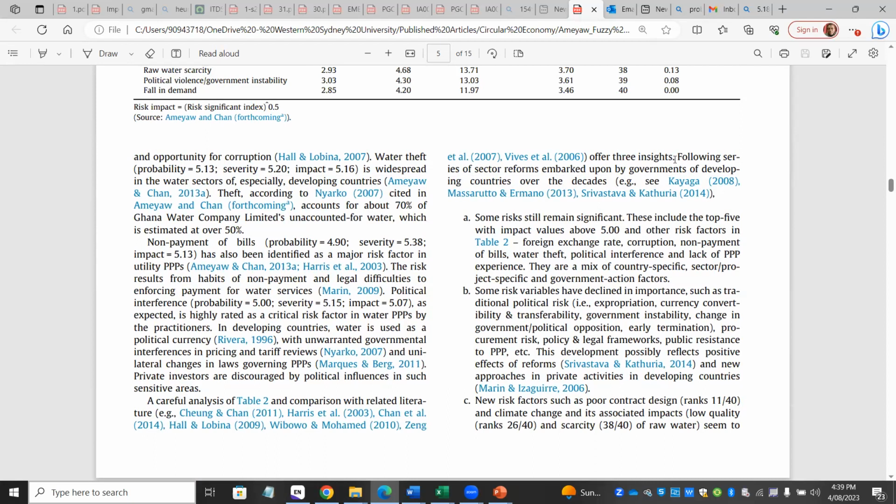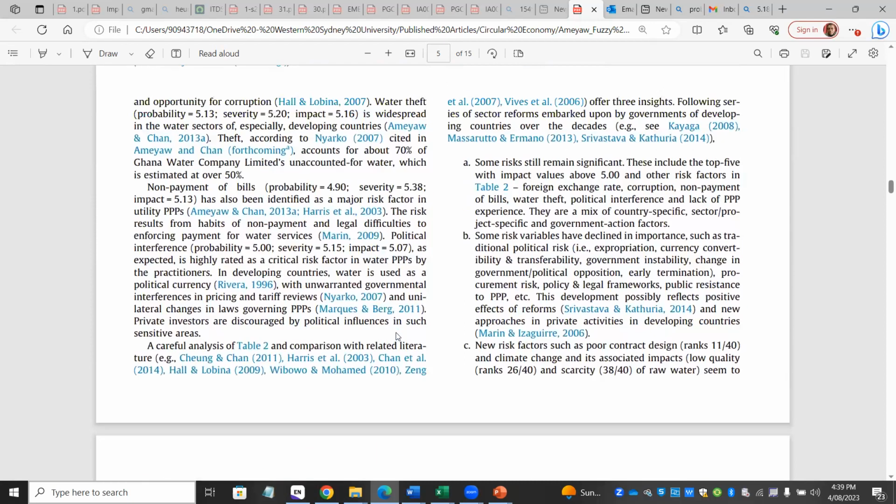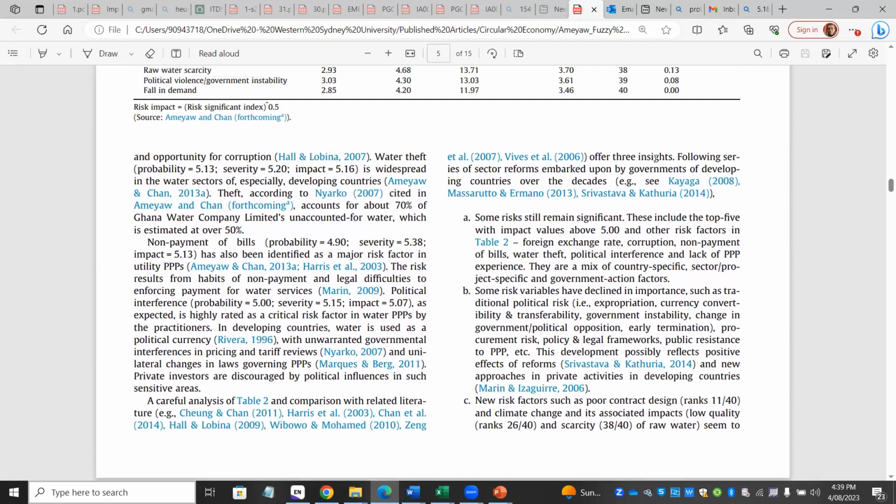They said, when you start from here, a careful analysis of table 2 and comparisons with related literature, the literature they have cited, offer 3 insights. Following a series of sector reforms embarked upon by governments of developing countries over the decade, some risks still remain insignificant.